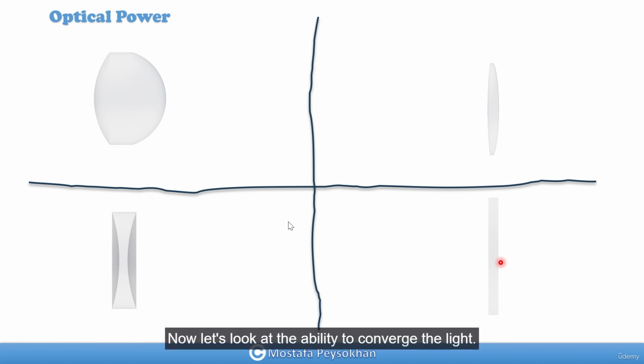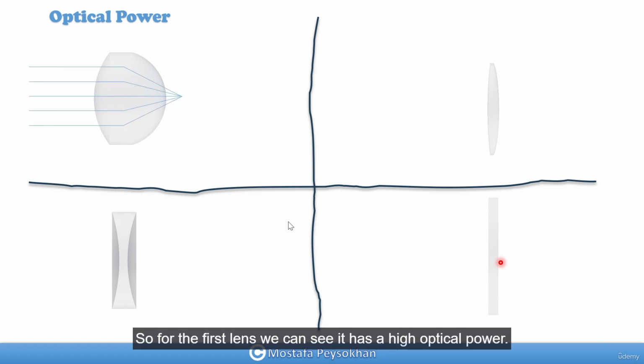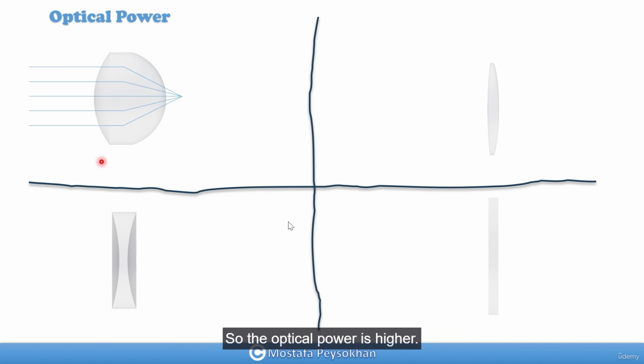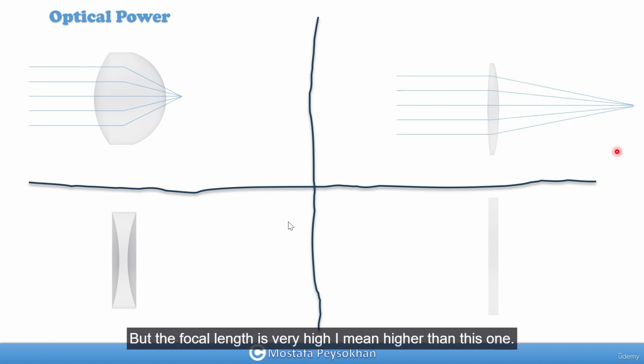Now let's look at the ability to converge the light. For the first lens, you can see it has a high optical power, so it can converge the light very quickly, very close to the lens. For this lens, the focal length is pretty small, so the optical power is higher. But this lens also has optical power, but the focal length is higher than this one.